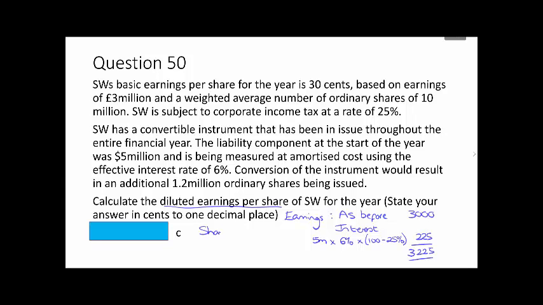So in terms of the shares, we did have 10 million, but it says here conversion of the instrument would result in an additional 1.2 million shares being issued. So to calculate our diluted earnings per share, we're going to take this adjusted earnings figure and divide it by this adjusted shares figure. In this case, if we do that and round our answer to one decimal place, we should get 28.8 cents.